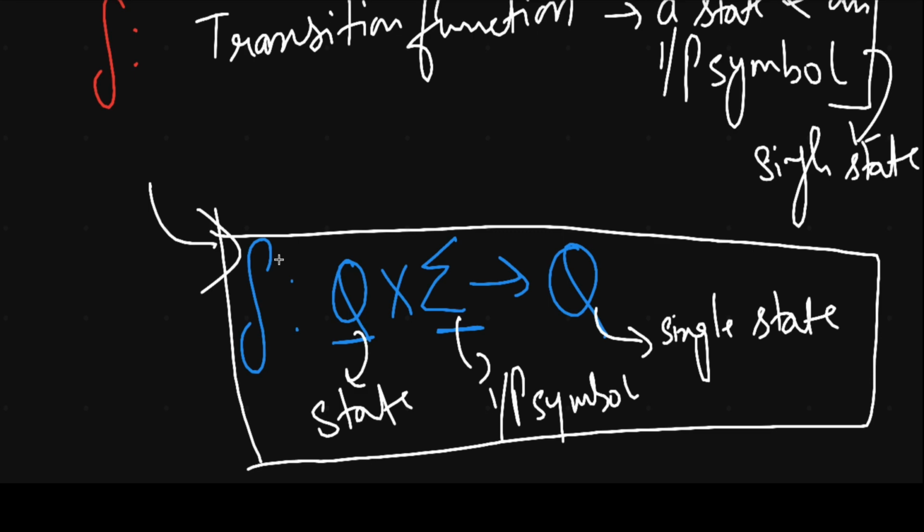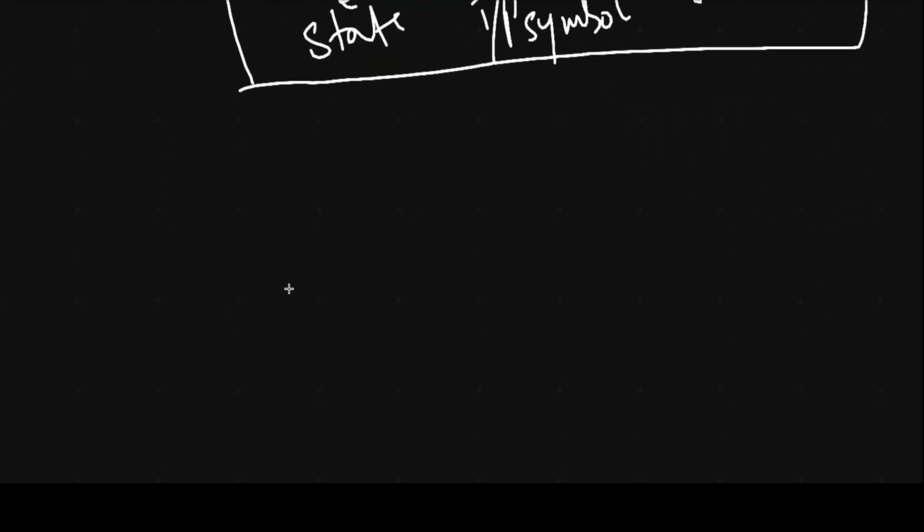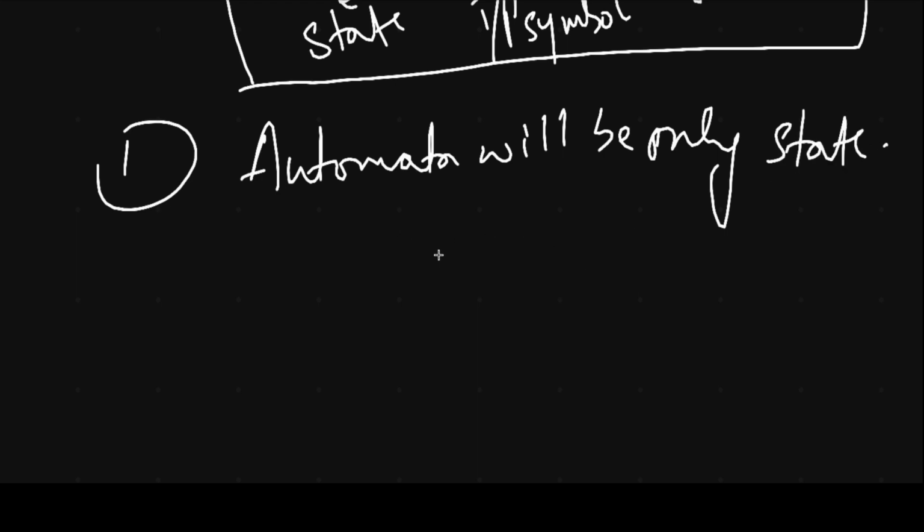Now there are a few things we should note down and keep in mind. First, at any instant of time the automata will be in only one state. At one time it can't be in two states.